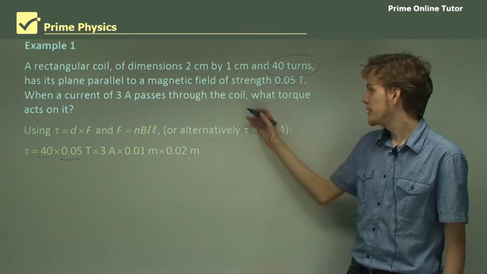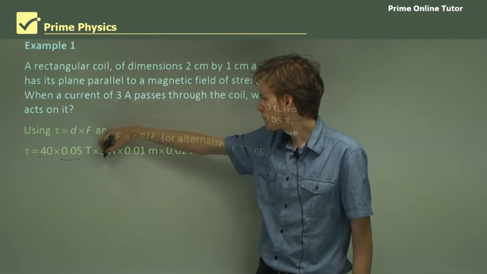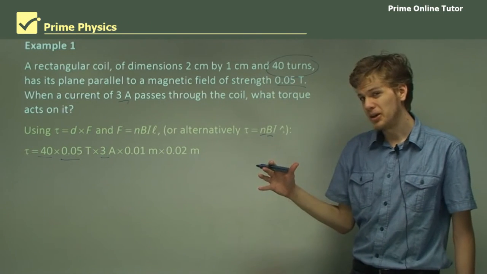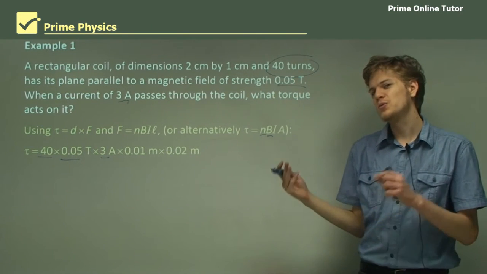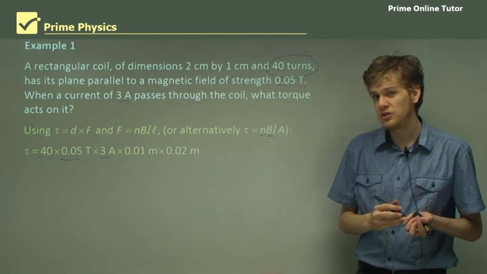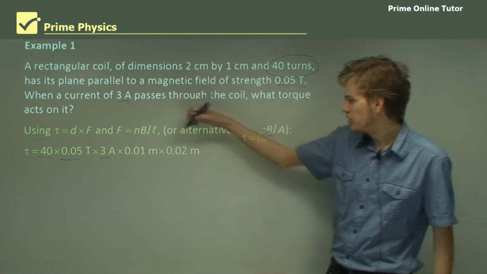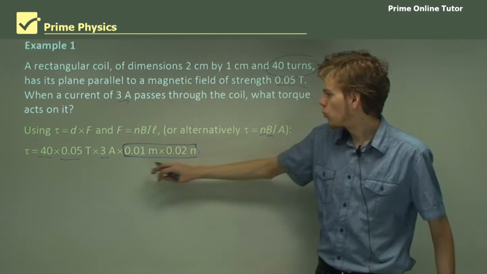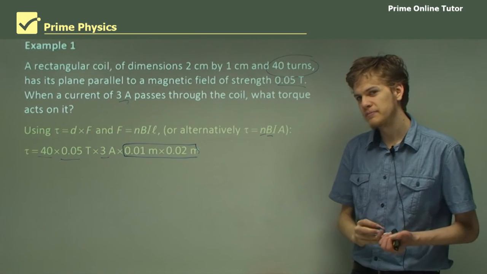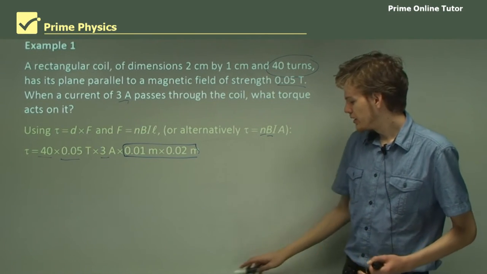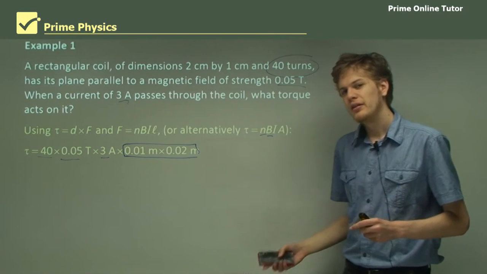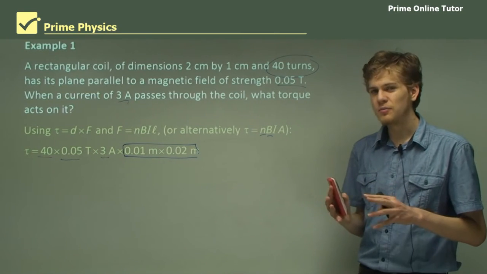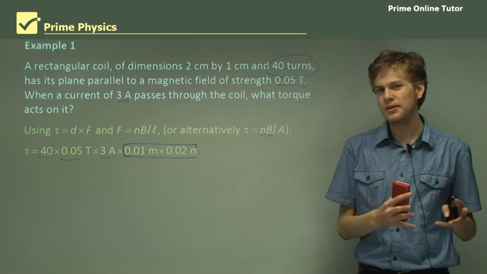Our current is 3 amps, and our area needs to be measured in square meters, not square centimeters. So our area will simply be this expression here, 1 centimeter times 2 centimeters. It's important to remember that if you take 100 square centimeters, you won't get a square meter.